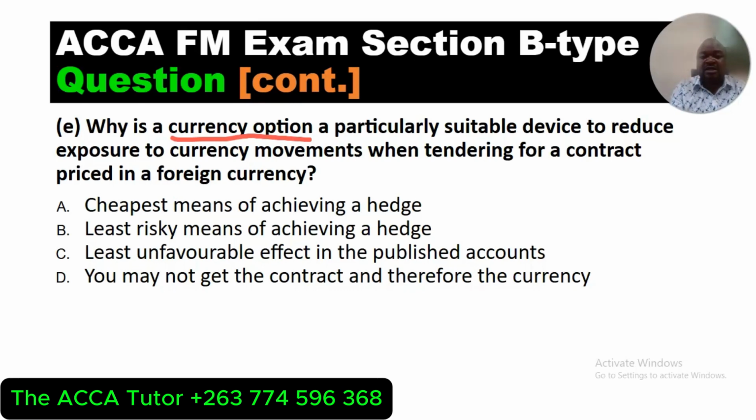So if you don't get the contract, therefore you do not get the currency, you just ignore. You just don't exercise anything. So by the end of the day, the answer on part D is linked to the scenario. It's not just a book answer, it's something that is linked to the scenario in question.